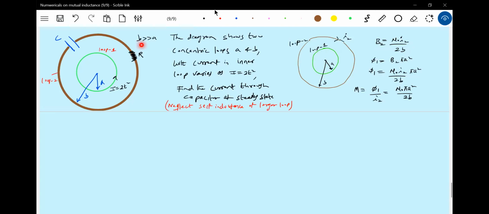Look at the condition given. The radius of the inner loop is so small that the field strength at the center will be the same everywhere inside the inner loop. I think this assumption is very important. What you calculate at the center of the loop is going to be the same value everywhere inside the inner loop.